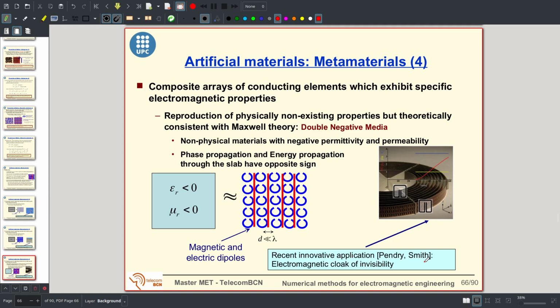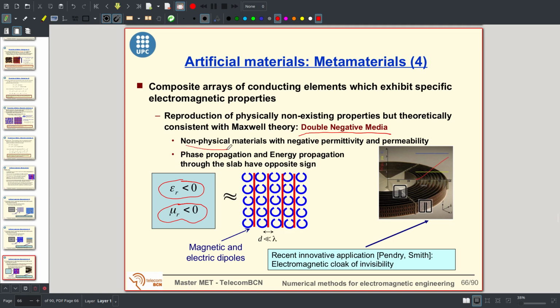We can create materials having dielectric permittivities that are negative and magnetic permeabilities that are negative, that of course cannot be found in nature. But these materials with negative epsilon and mu, that are called double negative material, double negative because both quantities are negative, have very interesting non-physical properties.